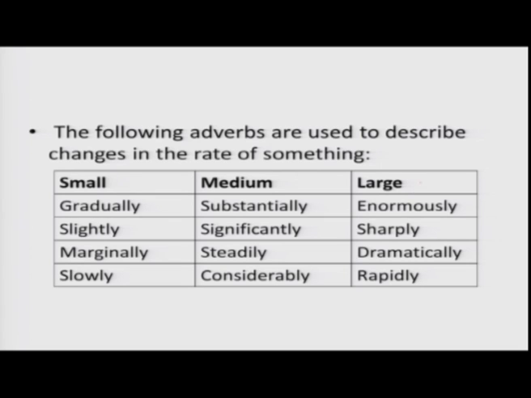If it is a large change, you can say enormously, sharply, dramatically, rapidly. If it is somewhere in between, you can say substantially, significantly, steadily, considerably. Now, keep this list in mind. We will now try an exercise.